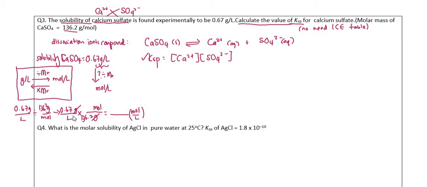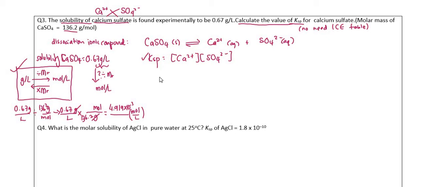So that's why 0.67 divided by 136.2, you'll get 4.919 exponent negative 3 mole per liter. That's why we take out this formula. To convert gram per liter to mole per liter, you must divide. Why must you divide? Because then you will get the unit mole per liter that we want. This is how it works.